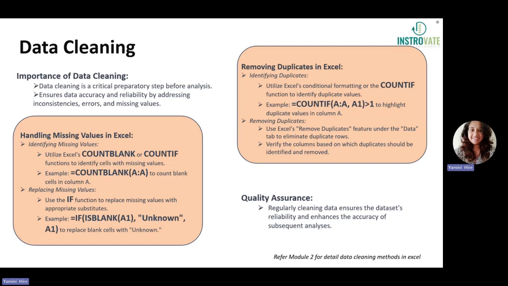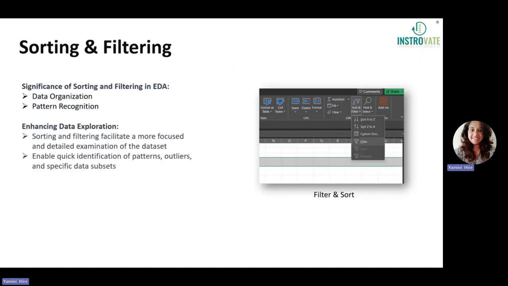First step is you need to handle the missing values, remove or replace them, and then you go for the duplicates. Then sorting and filtering we have also understood. The main significance is data organization and pattern recognition.